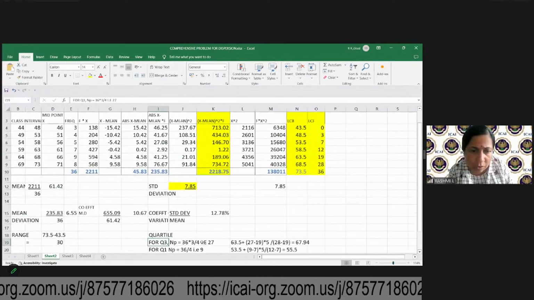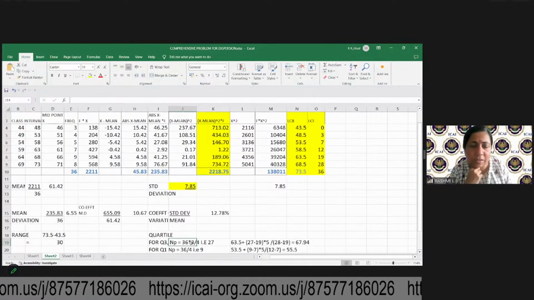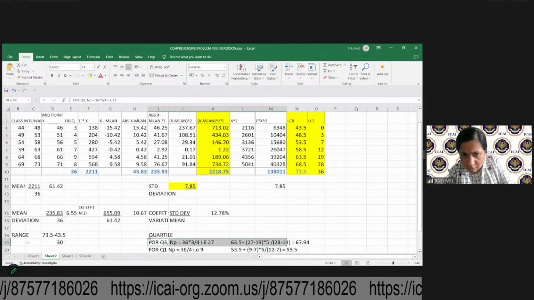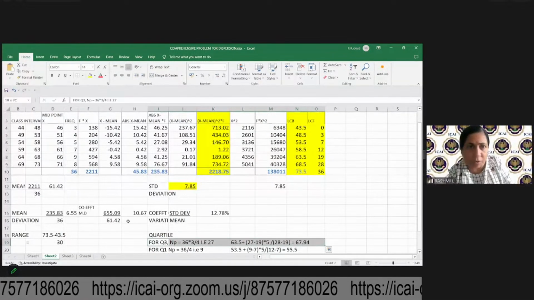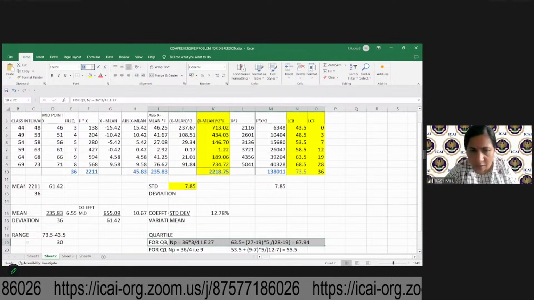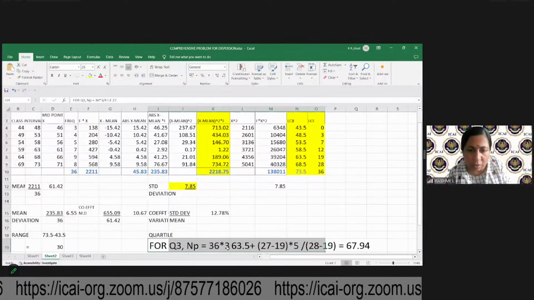So 36 into 3 by 4, you can see over here. Let me increase the font size for this so you can see. Now 36 into 3 by 4.